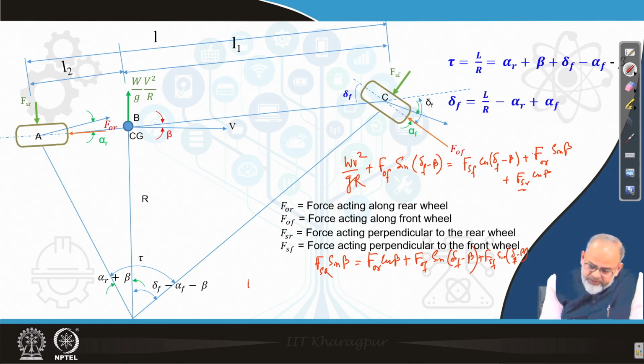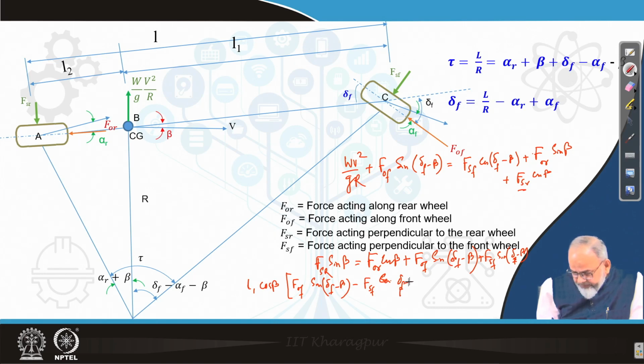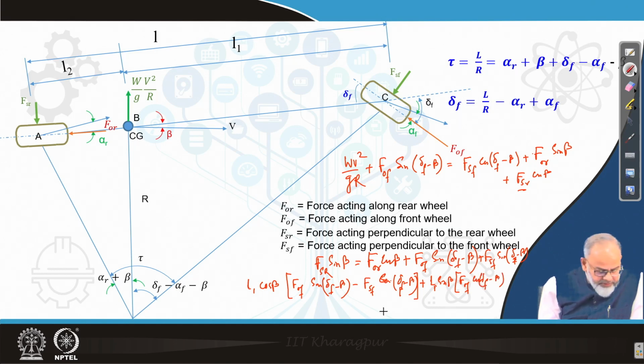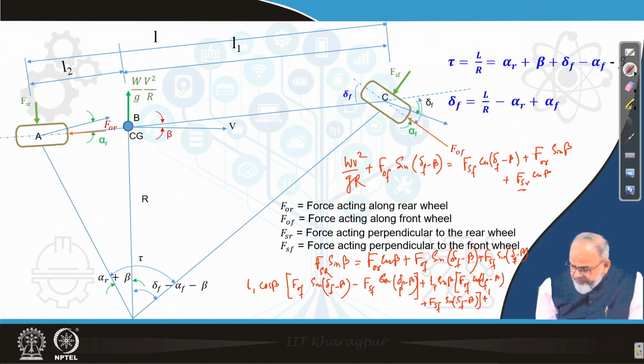So, what we get is L1 cos beta into F_of sin(delta_f minus beta) minus F_sf cos(delta_f minus beta), plus L1 sin beta into F_of cos(delta_f minus beta) plus F_sf sin(delta_f minus beta), plus L2 into F_sr.